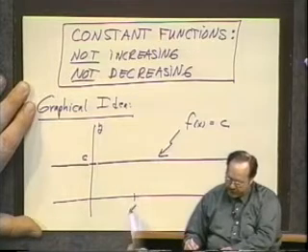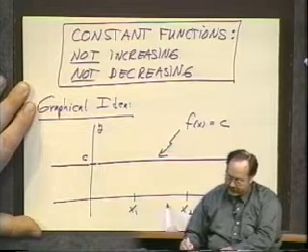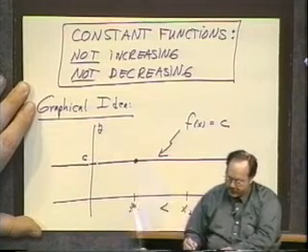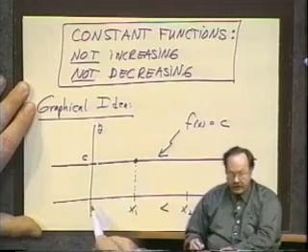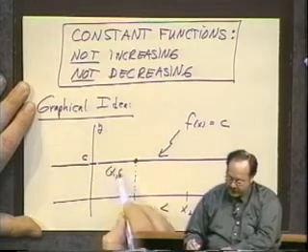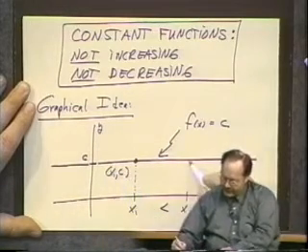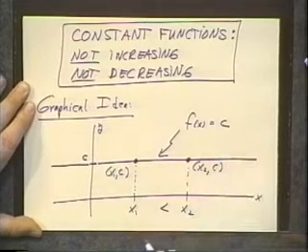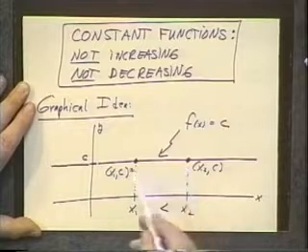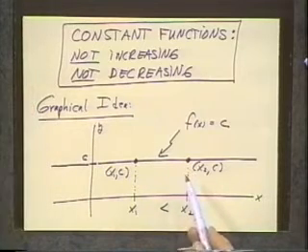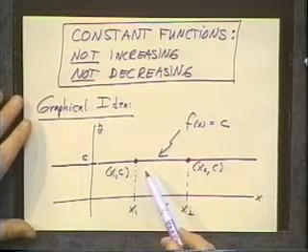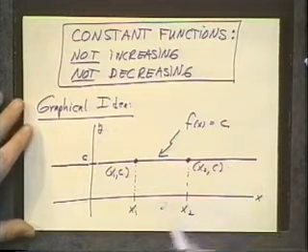So if you look at a point x1 here and a point x2 here, and you try to do the same argument we did before, at x1, what are the coordinates? Coordinates are x1, c. The height is c. x2, what are the coordinates? The coordinates x2, c. The height again is c. So that is the defining property of a constant function, or a function that does not increase or decrease. And of course it's a horizontal line.